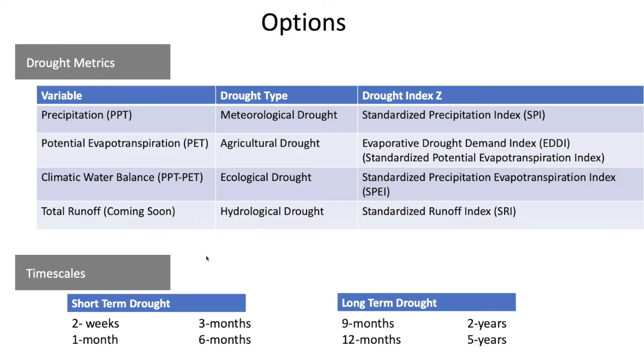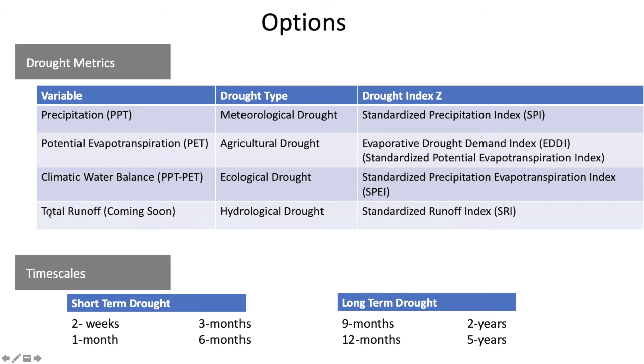In the tool, we actually have several options for drought metrics and timescales other than just the 6-month precipitation. You can create drought stripes using precipitation or potential evapotranspiration. We can also use the climatic water balance, which is the difference between precipitation and potential evapotranspiration, and is more like the usable water.